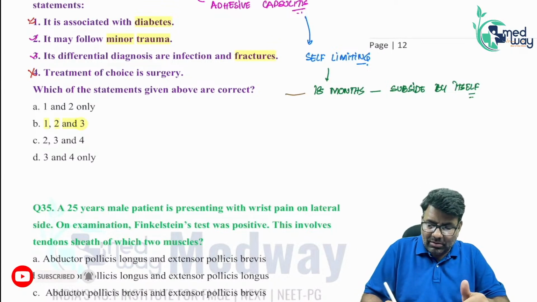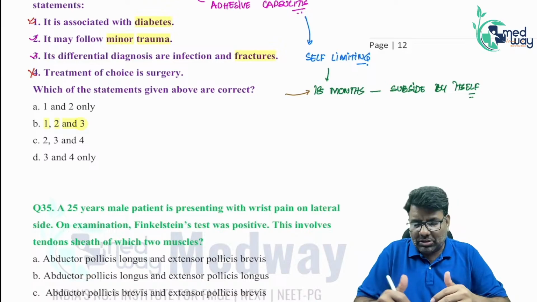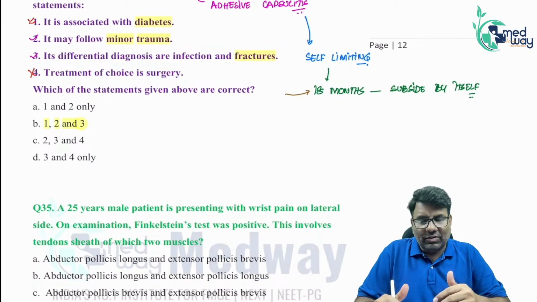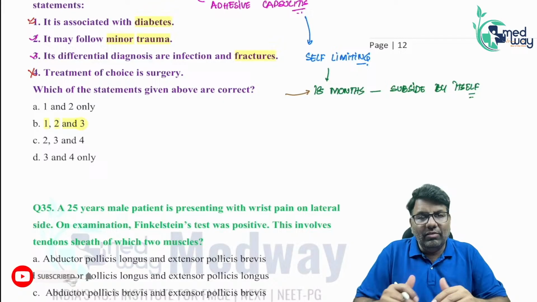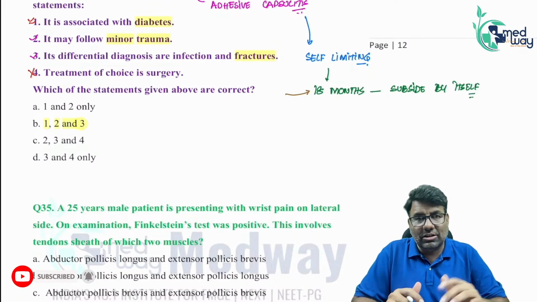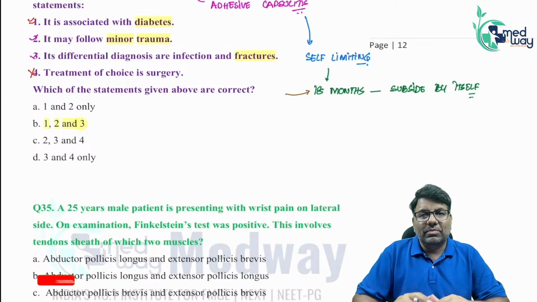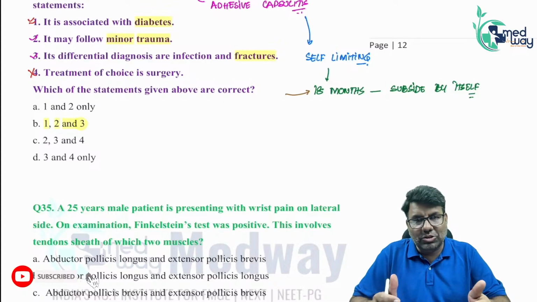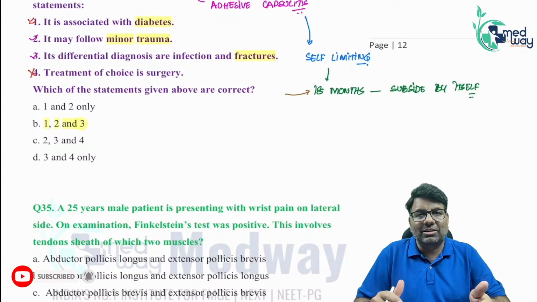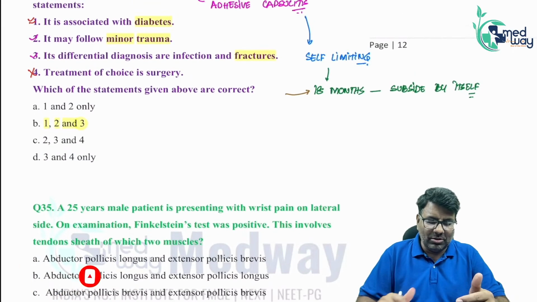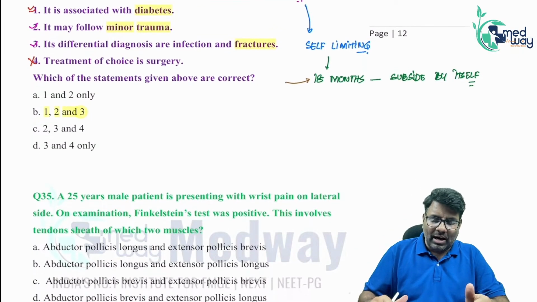And the moment the patient approaches around this period of time, whatever doctor he consults will get the whole credit: that I was suffering from this disease for the last 1.5 years, and this doctor treated me. Although the condition resolved spontaneously, the doctor will get the credit for that. So this is the beauty of frozen shoulder or adhesive capsulitis.